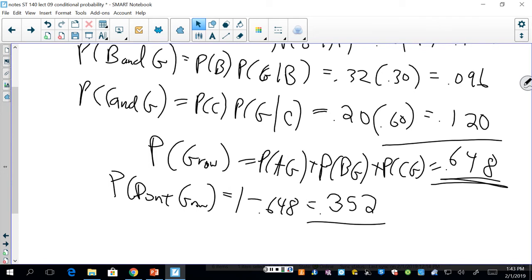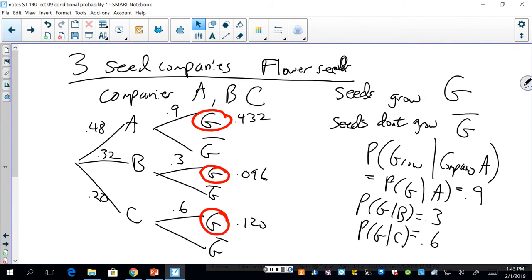But there's another way to do that. You can figure out the probabilities on the other parts of the tree. This is a conditional probability that it grows for A. What's the probability that it doesn't grow? 0.1.